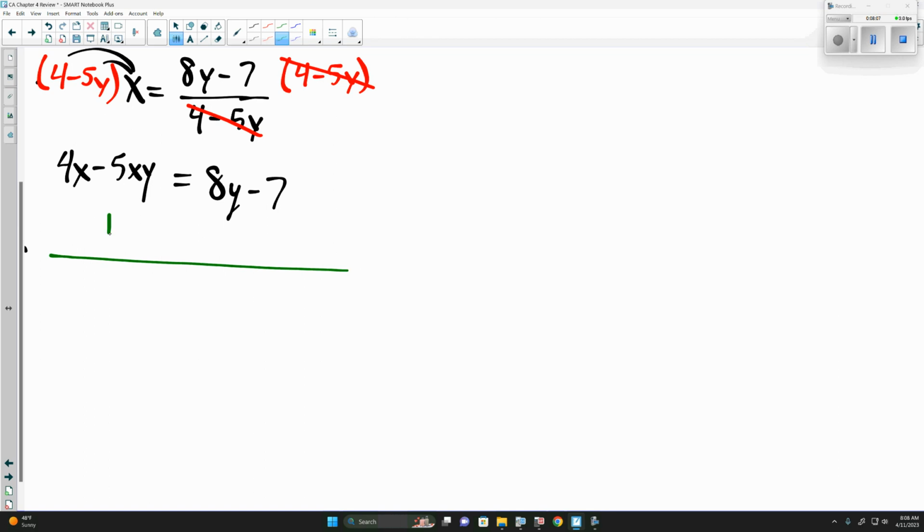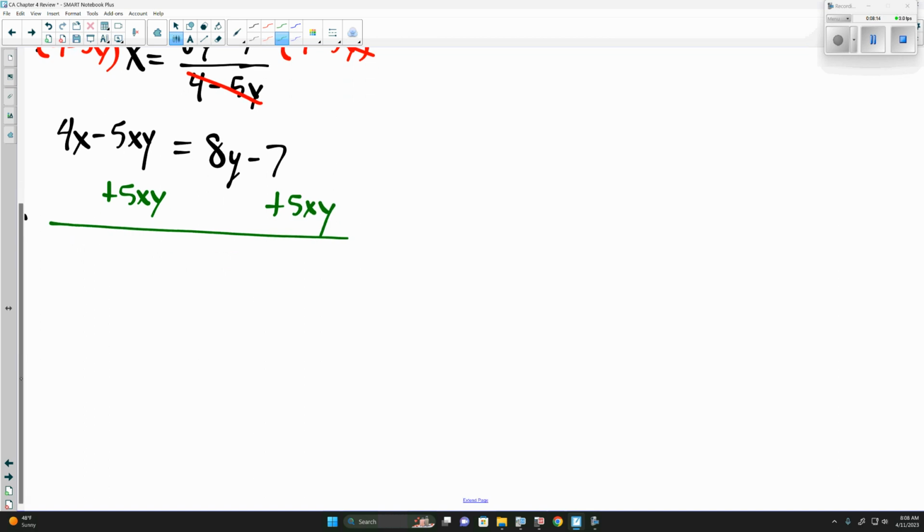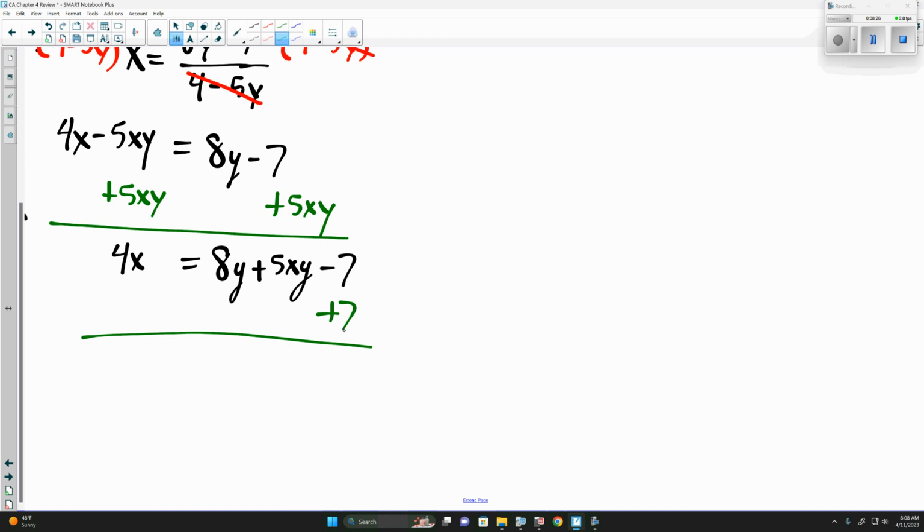So what I can do is add 5xy to both sides, which will tell us that we have 8y plus 5xy minus 7, and we have 4x over here. Then we can also add 7 to both sides, telling us that we have 4x plus 7 is equal to 8y plus 5xy.